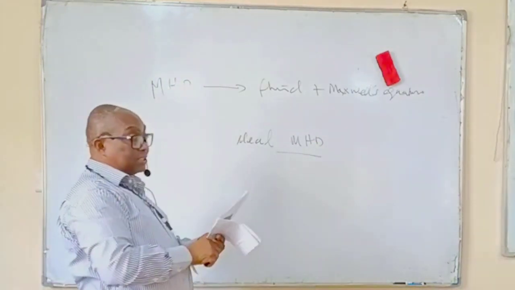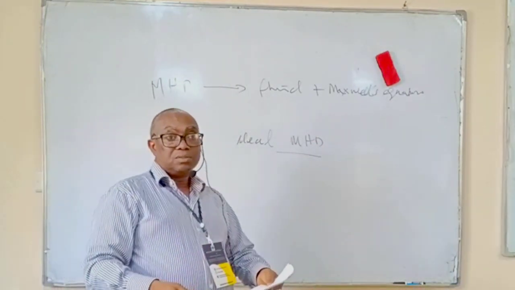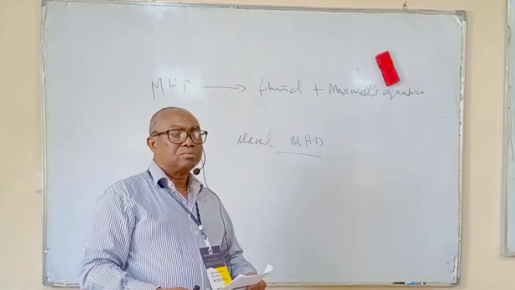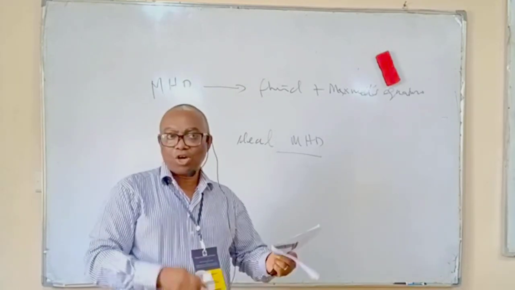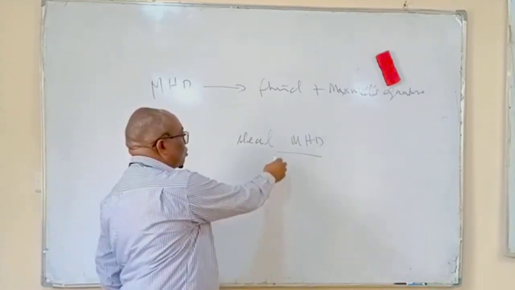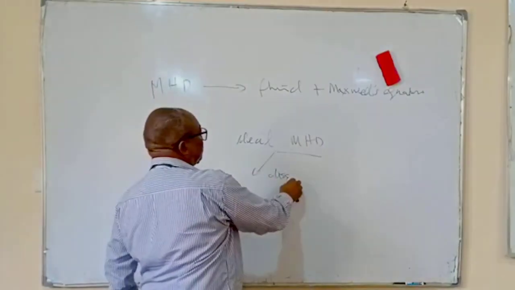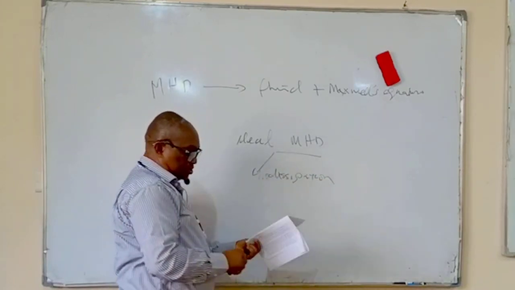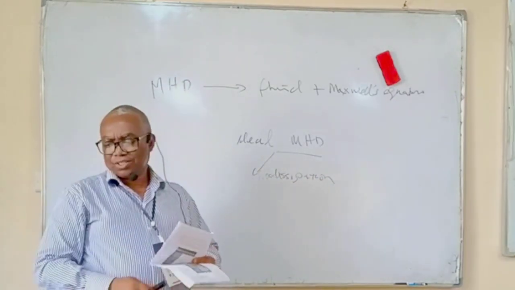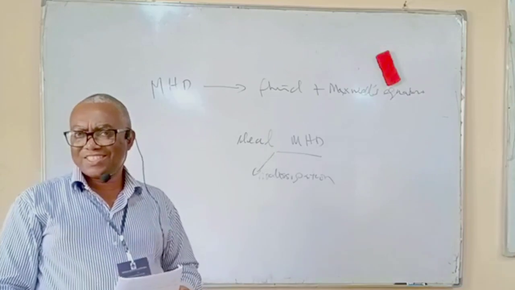As we go on, there are things we call dissipating parameters. We'll come to that as we go on. So that is no dissipation. Because dissipation actually generates heat in the system.